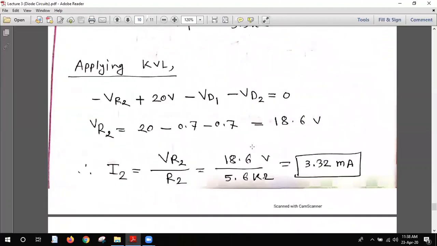If we apply this and put in all the values, we will get VR2, which will be 18.6 volt.